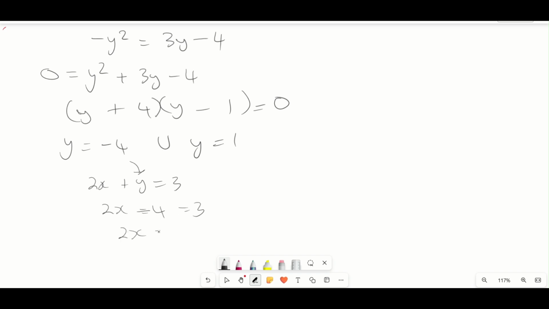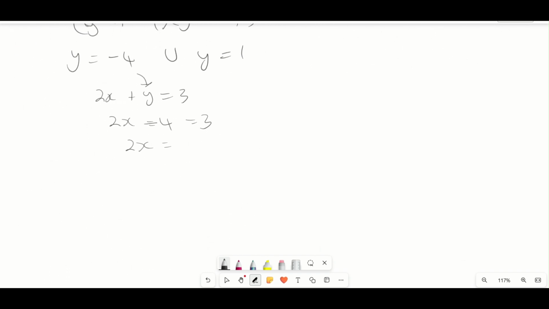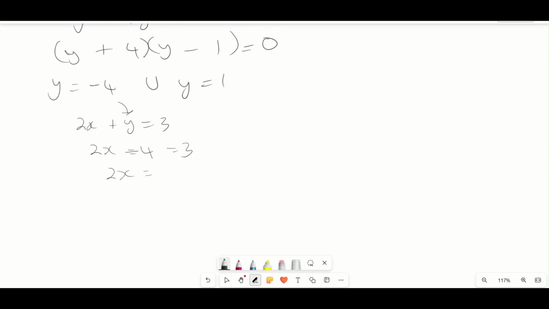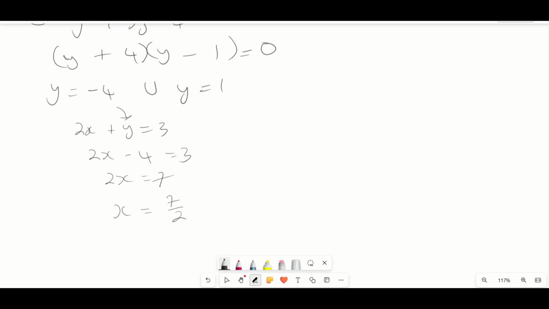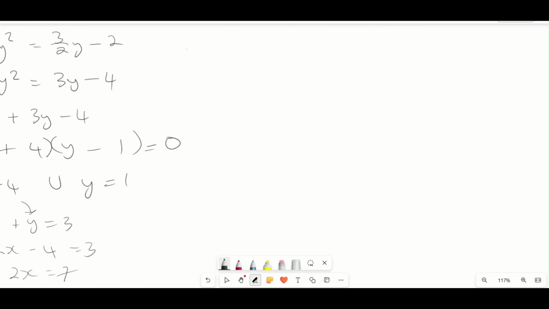Therefore 2x is equal to, since this one is negative, remember we have negative 4 there, if you transpose it to this side we have 7, and if you divide by 2, then you have x is equal to 7 over 2, right, which corresponds to this x value right there.